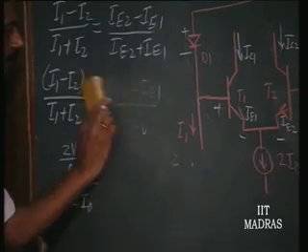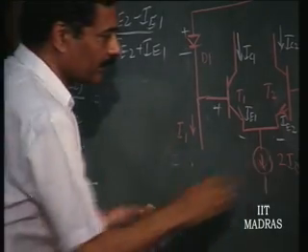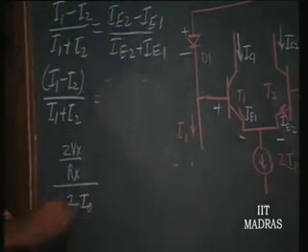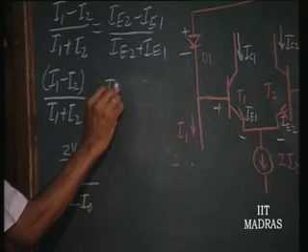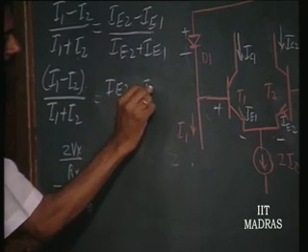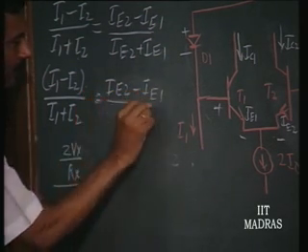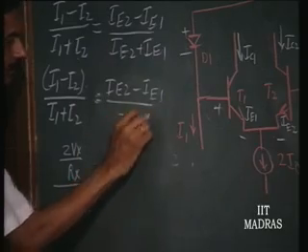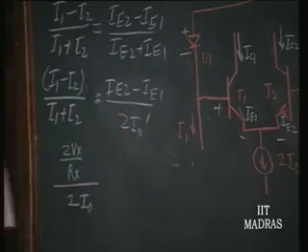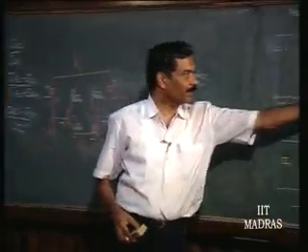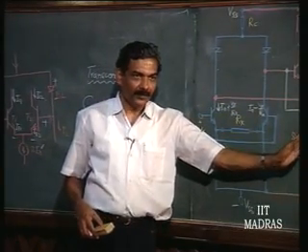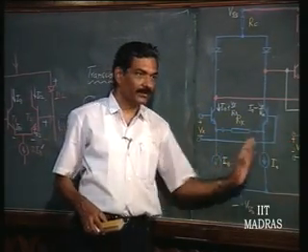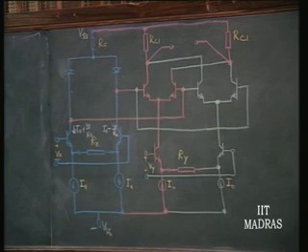So, this is going to be equal to, let us not call this I naught, let us call it I naught prime, I E 2 minus I E 1 by 2 I naught prime, because this bias current flowing through this may be different from the bias current flowing through this, I naught prime.